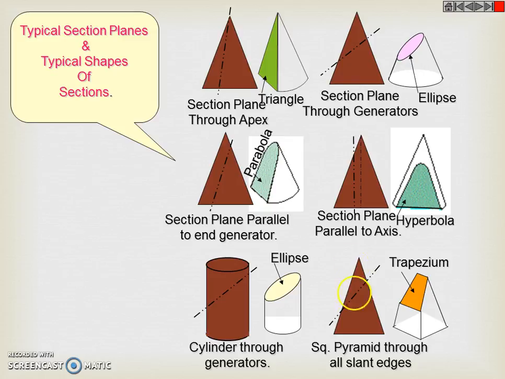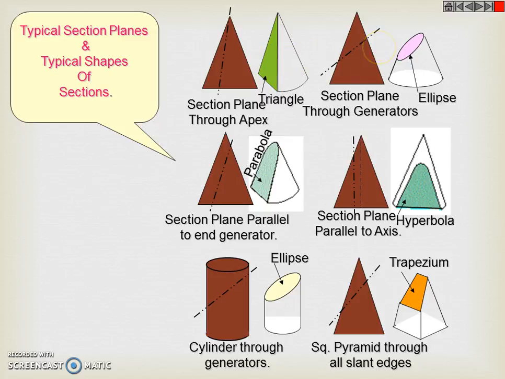There are different types of sectional planes and typical shapes of the section. If we take a right circular cone and cut it by passing through the apex and base, we will get a triangle.